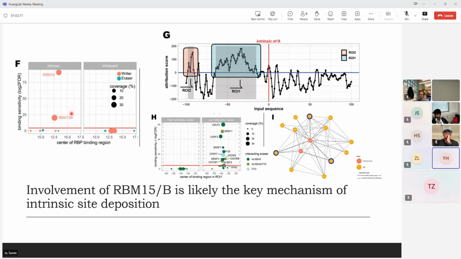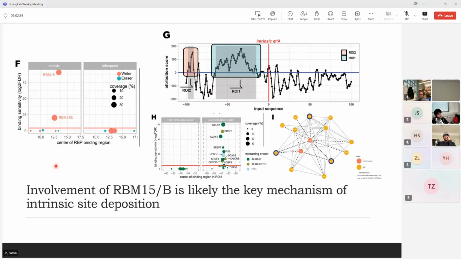Also, the literature does show that RBM15 and 15B are supplemental writer proteins that recruit the METTL3 METTL14 complex.